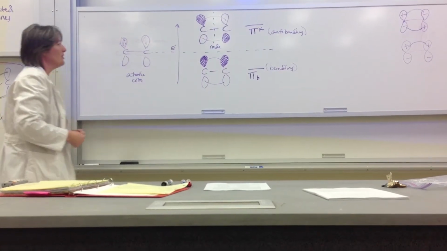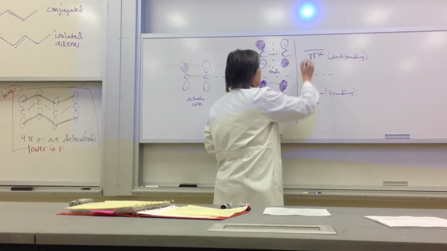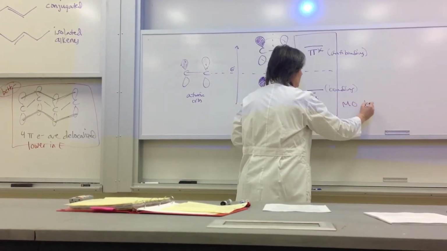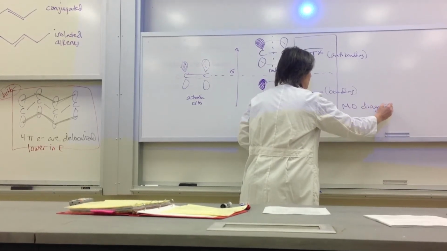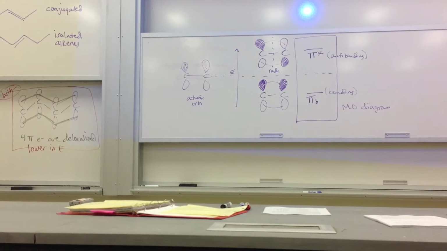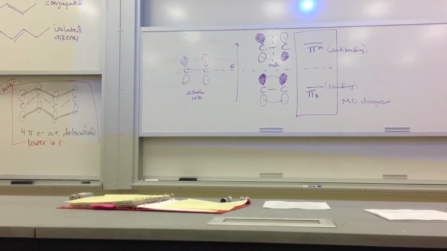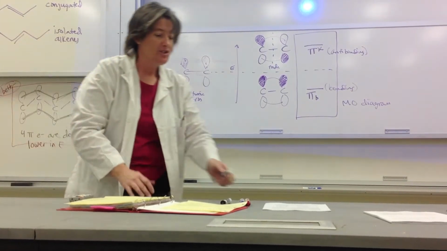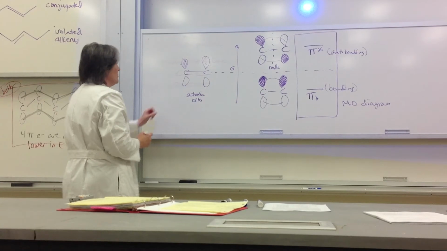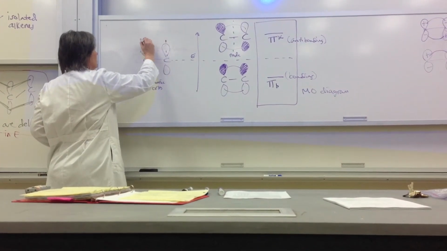Okay? So, this right here, that's an MO diagram. And when you delocalize electrons, you're able to build a molecular orbital diagram. And now we just have to put electrons into it. I started out with 2 pi electrons, right? When it's non-bonding and they're just sitting here, there's one here, there's one there.